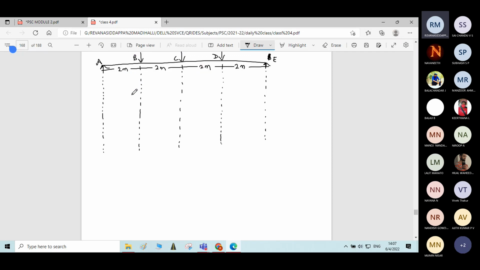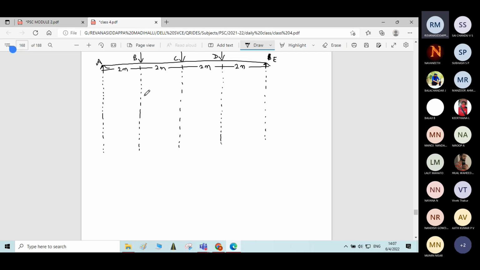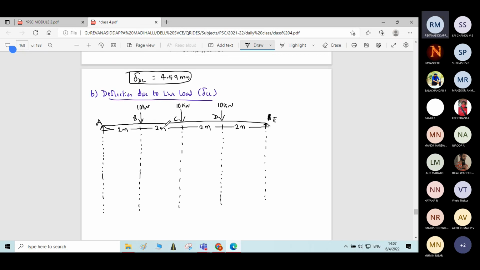Reactions at the supports: you can see it is a symmetric loading. If the loading is symmetric, the reactions at A and E will be the same, meaning the total load on the beam will be equally distributed to both the supports.